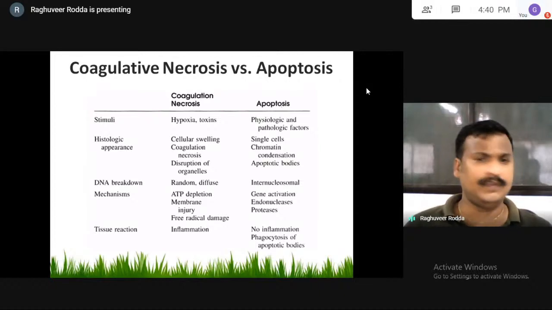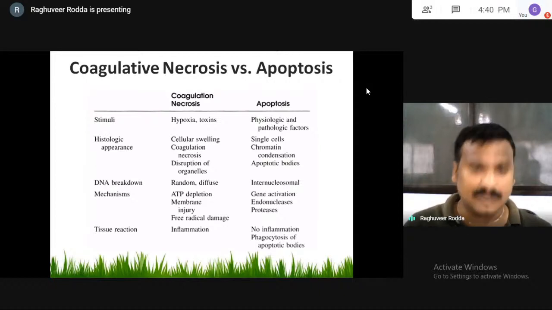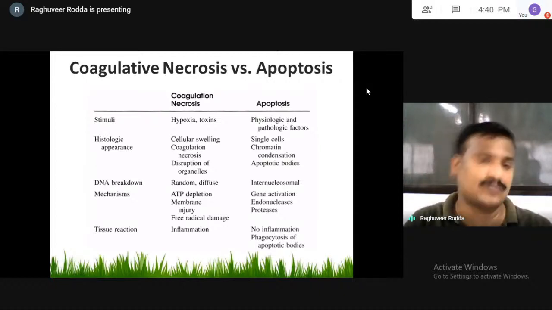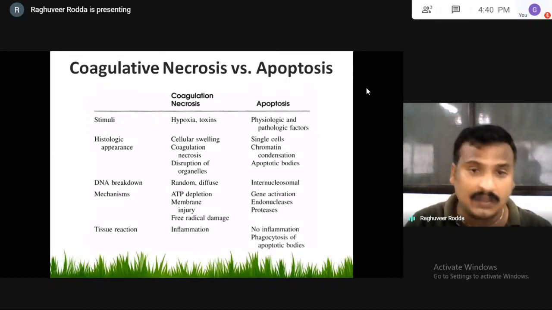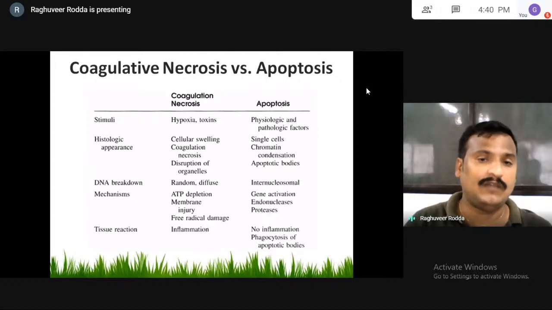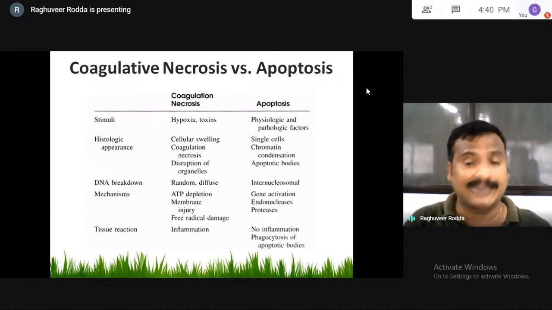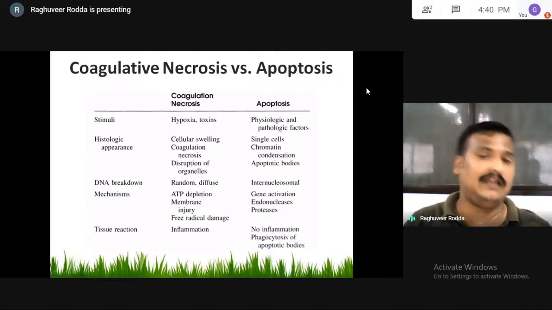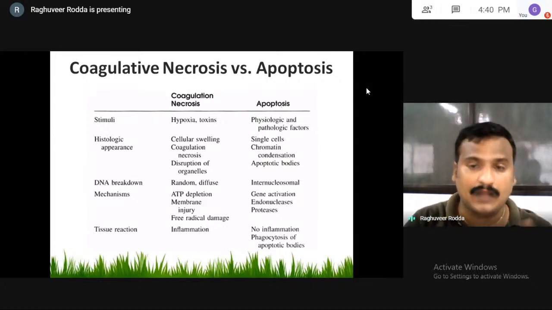And histological appearance: whenever the cell is under a necrotic pattern, it shows swelling of the cellular components and coagulation of the various intracellular materials, that is, formation of some thread-like, fragmented structures, and disruption of organelles. In apoptosis, there is condensation and presence of apoptotic bodies.